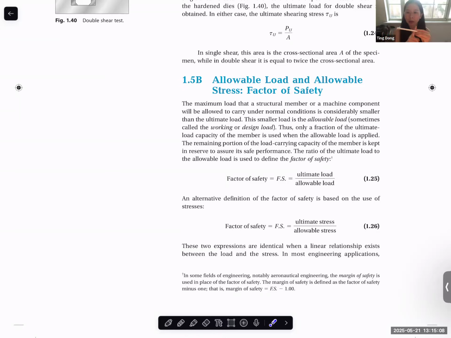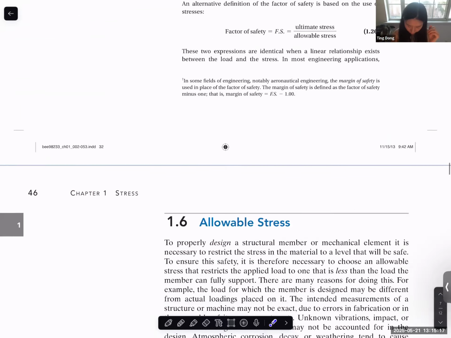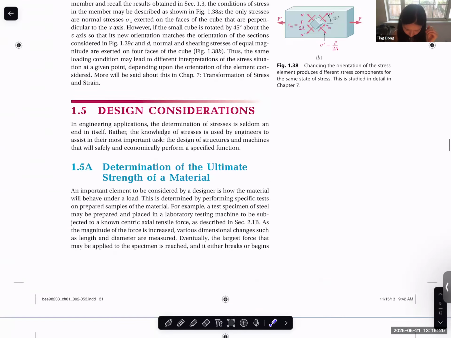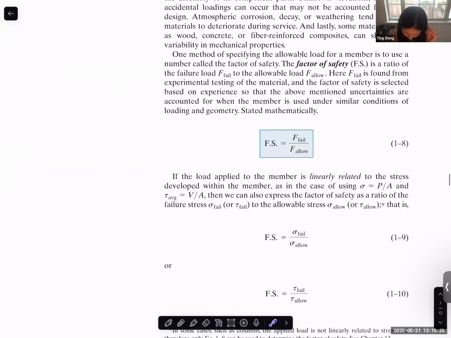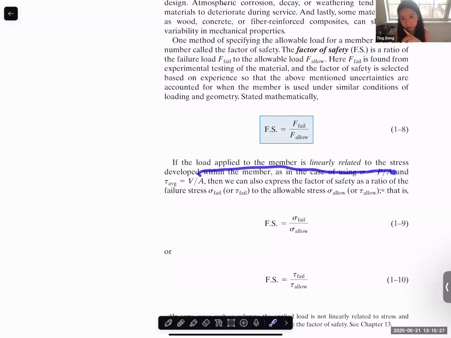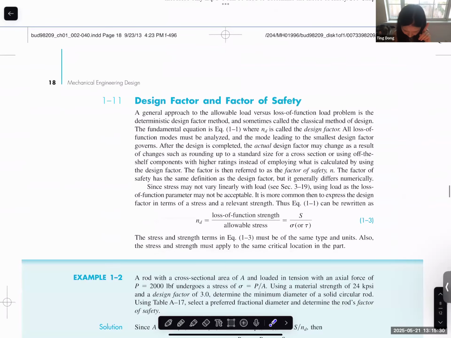And when we calculate stress at a critical location, the stress is not always in a linear relation with the force. That's why in the other version of the textbook, it says that if the load applied is linearly related. But if you check Shigley's textbook, this is a much more accurate statement.